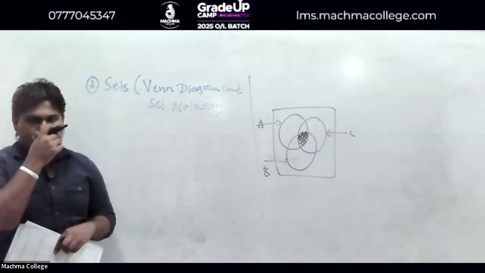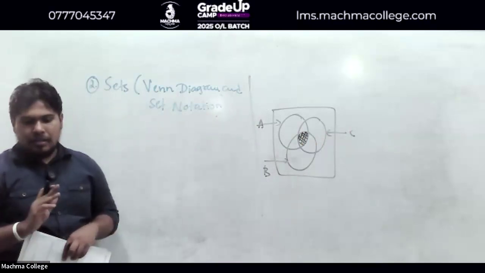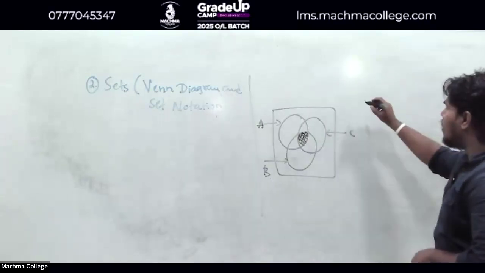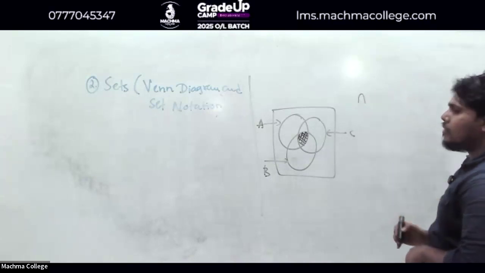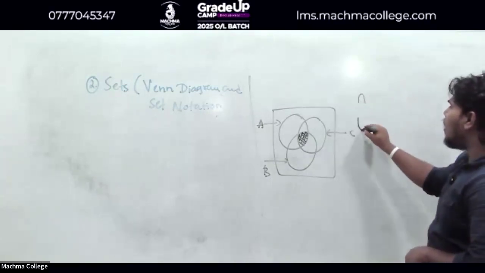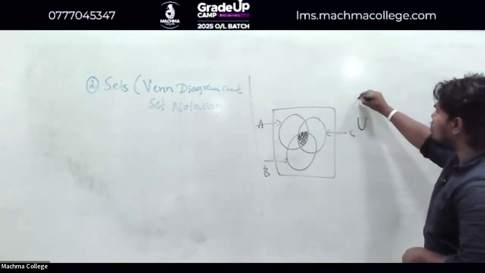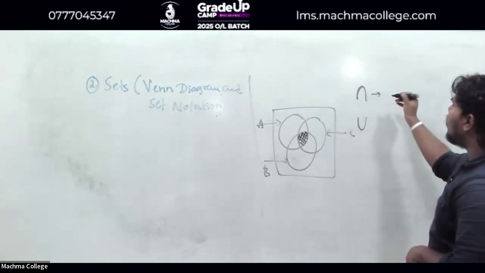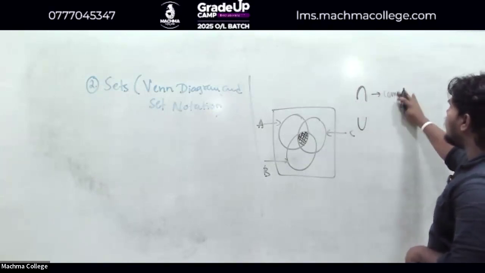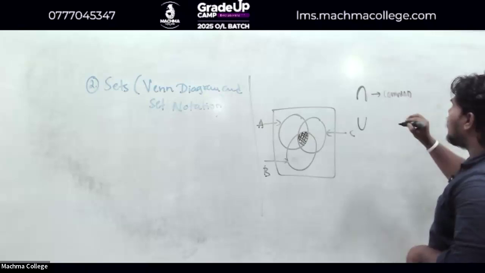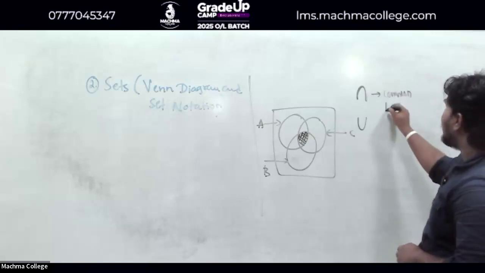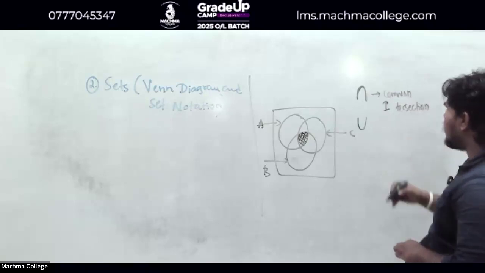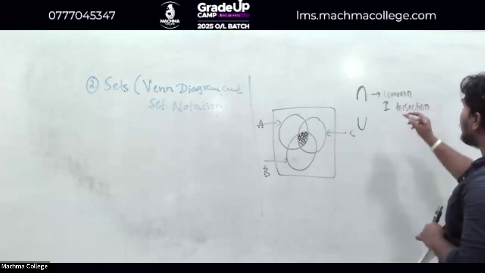If you know these two notations, it's easy to build up the answer. Here see, most of the students are confused with these two symbols actually. This symbol is used for common region, that is intersection. Remember this n.